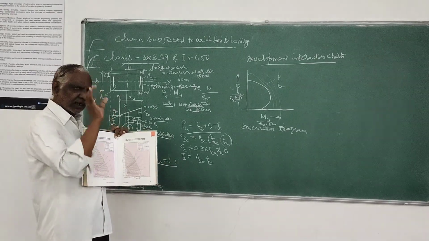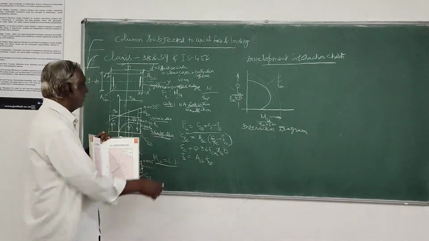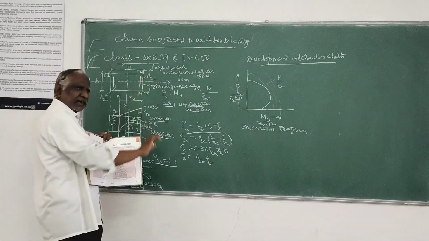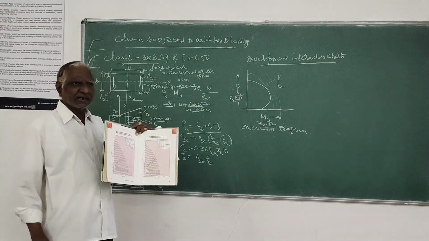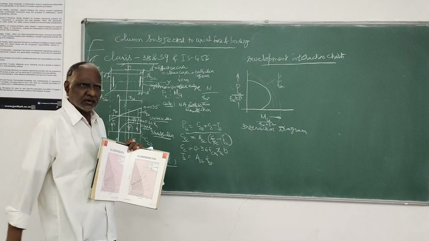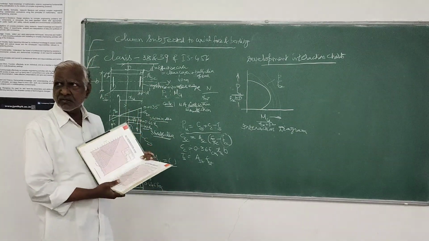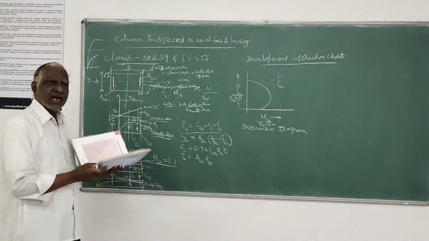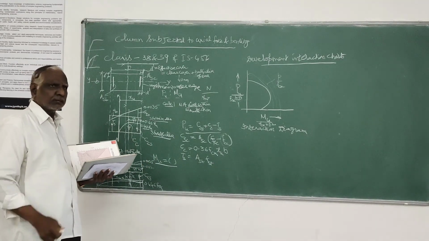So for a constant mix of M20, for 3 varieties of steel and 3 d dash by D values, these charts have been prepared and given. Using these charts, we can easily design our columns for both axial force as well as bending. This is the actual principle.